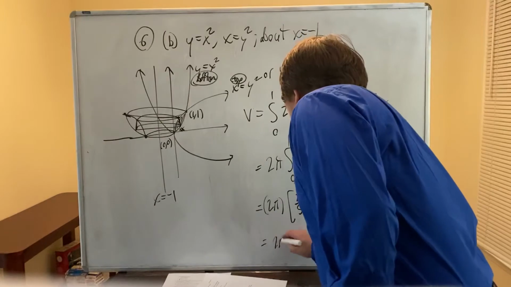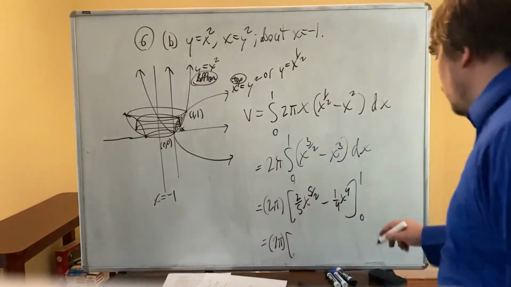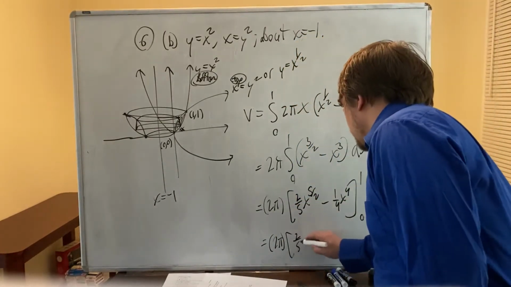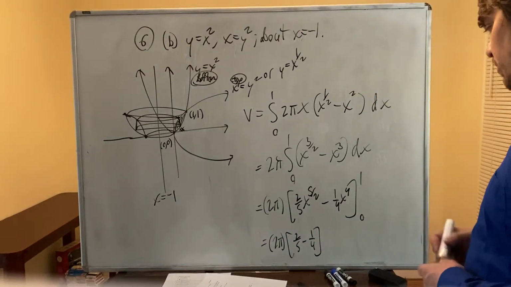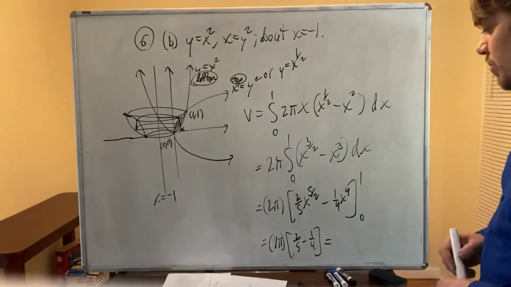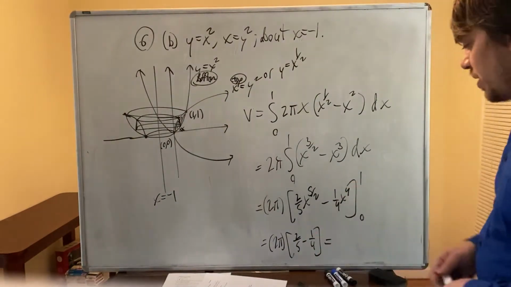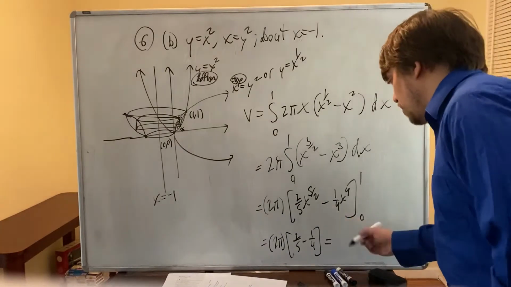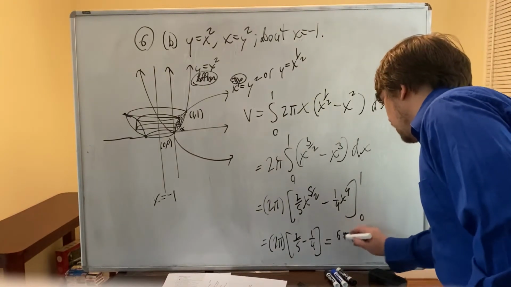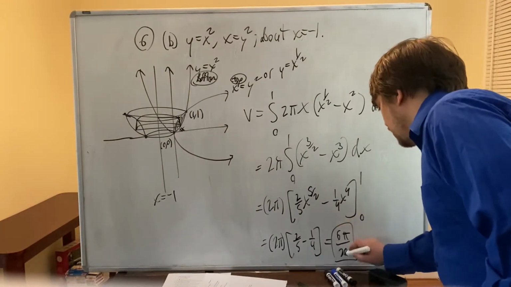So that's equal to 2 pi times, plugging in a 1, 2/5 minus 1/4. And so 2/5 minus 1/4 is 8/20 minus 5/20. That's 3/20 times 2 pi, which is 6 pi over 20. So the final answer is 6 pi over 20.